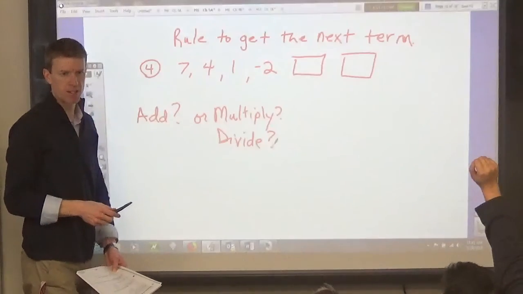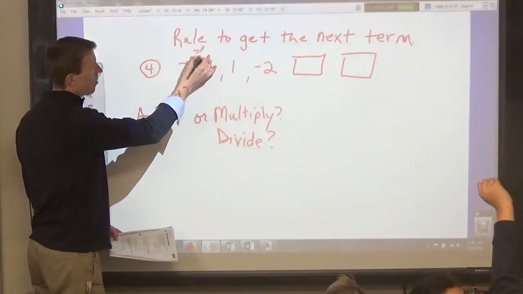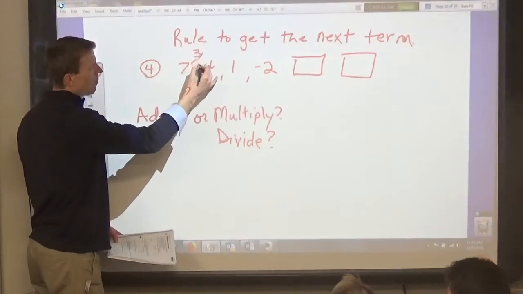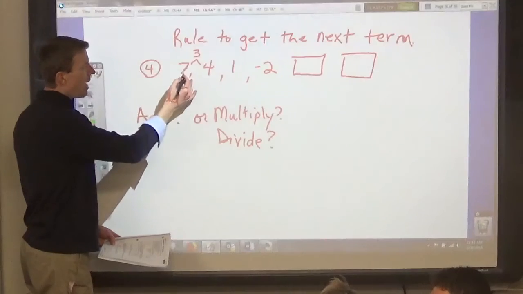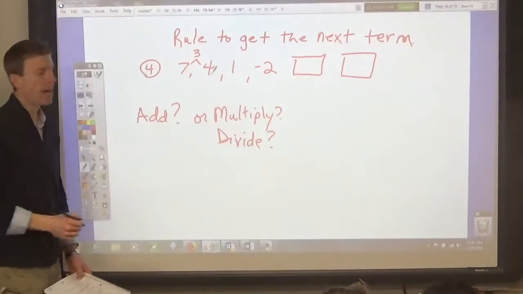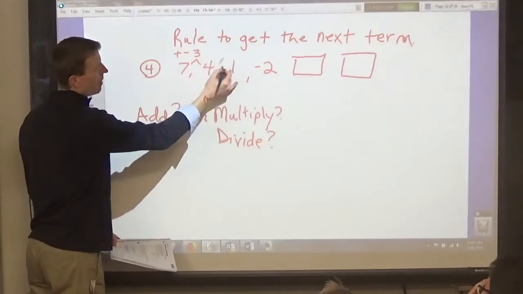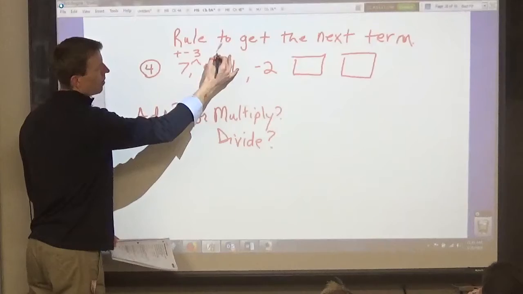What is the difference? 3. So it's a difference of 3. What could I add then to 7 to get 4? Add negative 3. What if I did that between these 2? Would that work?